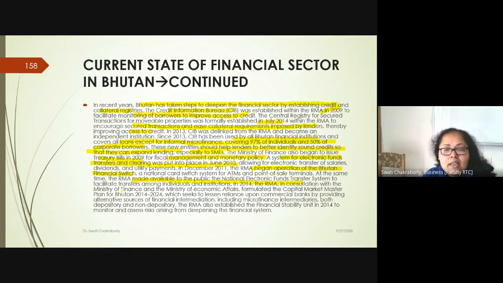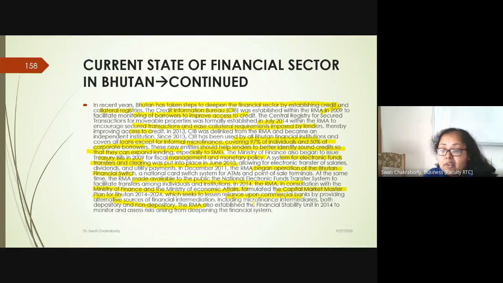In 2014, RMA, in consultation with the Ministry of Finance and Ministry of Economic Affairs, formulated the capital markets master plan for Bhutan for 2014 to 2024, which would help in lessening reliance upon commercial banks by providing alternate sources of financial intermediation.